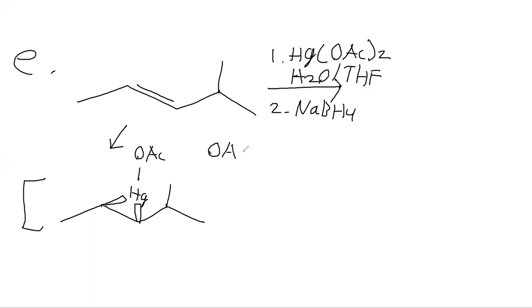And then we have acetate ion kind of just floating around. And I believe a water attacks one of these. Was this the substrate? Oh yeah, they're both secondary, okay. So this is all that first step, the Hg(OAc)2 and the water and THF.